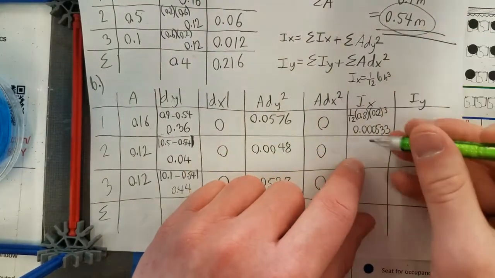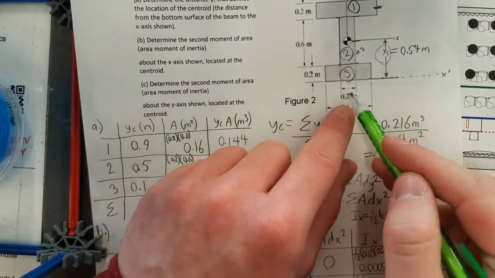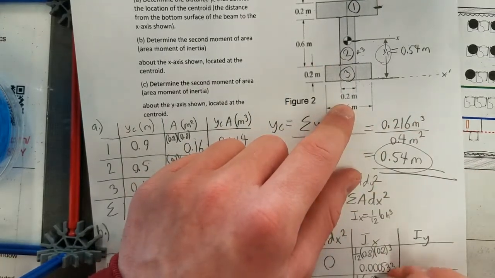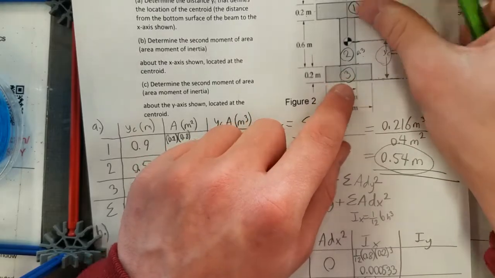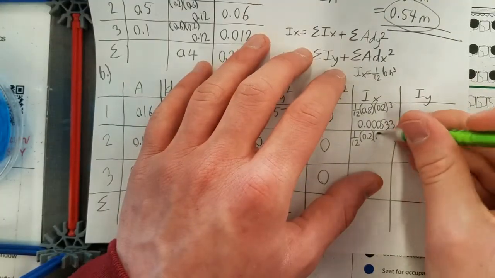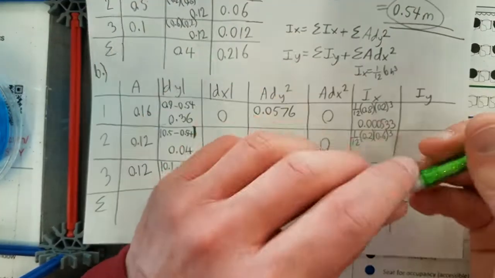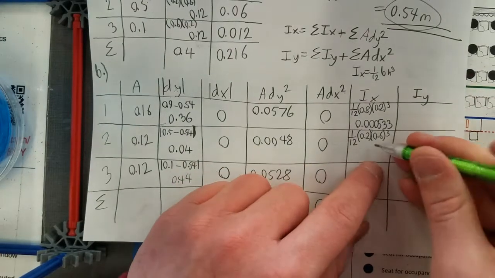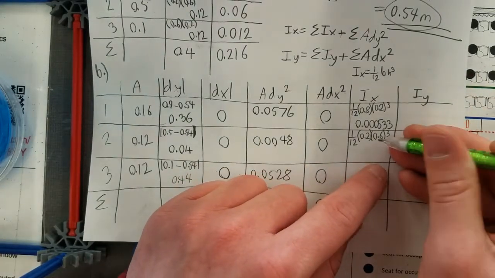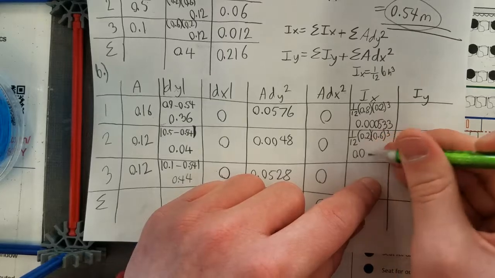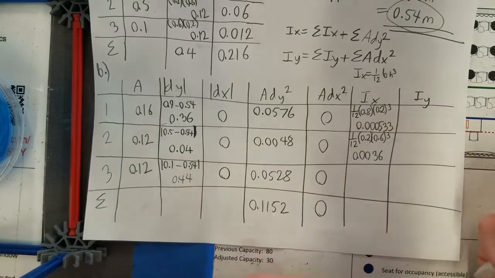And then our next one, for this shape here, the base is instead going to be 0.2, and the height is going to be the 0.6 cubed. And so when we calculate that all together, we get 0.0036.